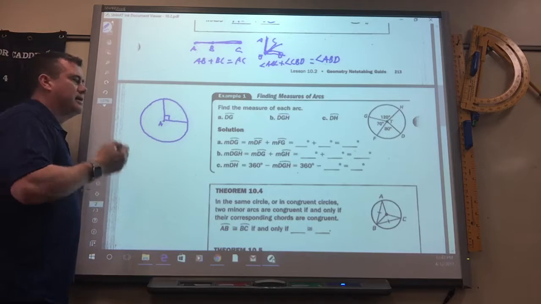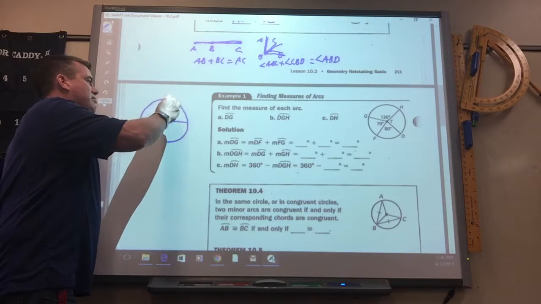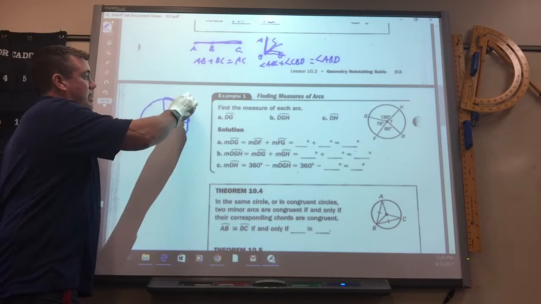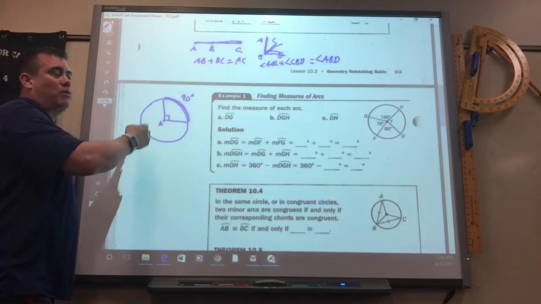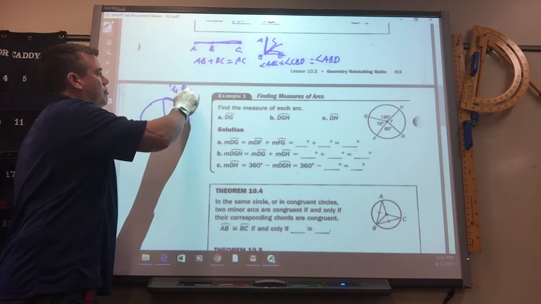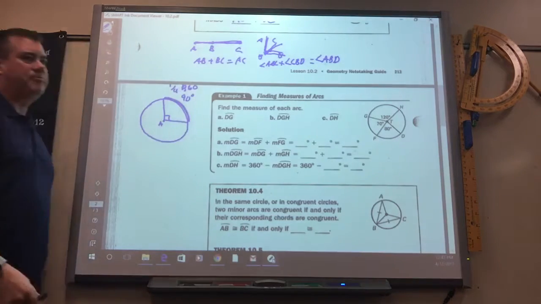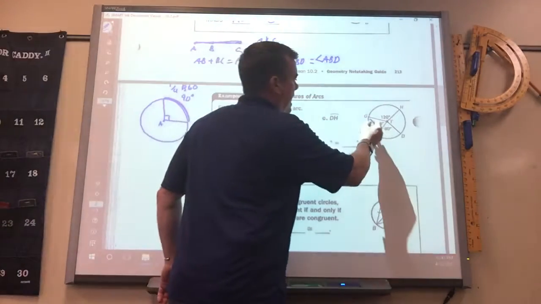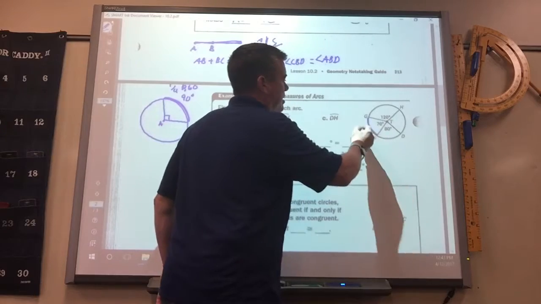How many degrees of this circle? 90. It's a fourth of the way around, right? One fourth of 360. So what this means is a central angle and its arc are always going to be the same.